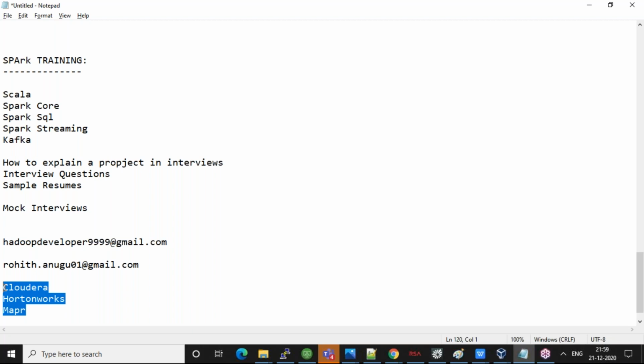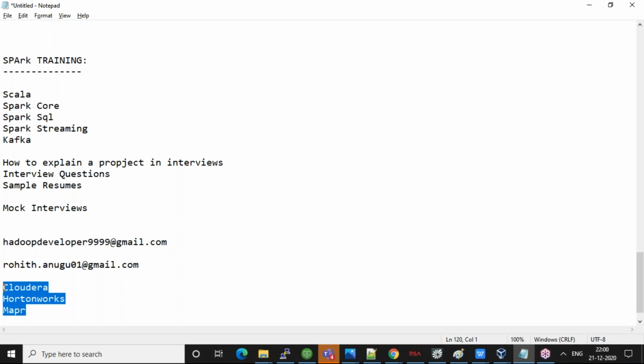That's why most people are using either Hortonworks or nowadays MapR. Very few people use Cloudera because cost wise it's very high. As of now, only 3 distributions are available in the current market. That's it.